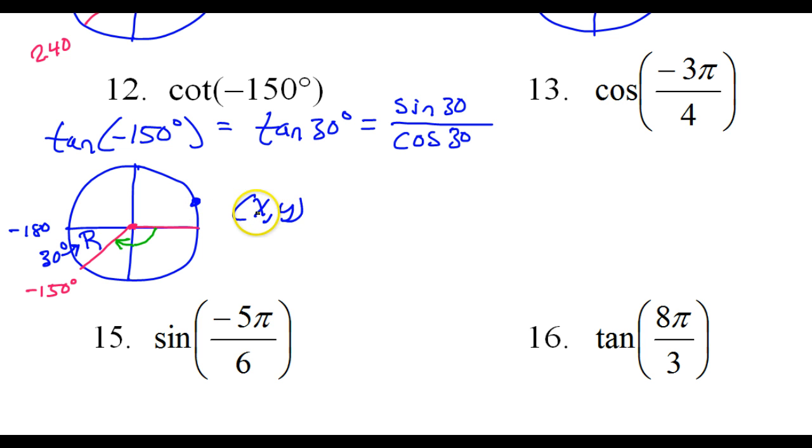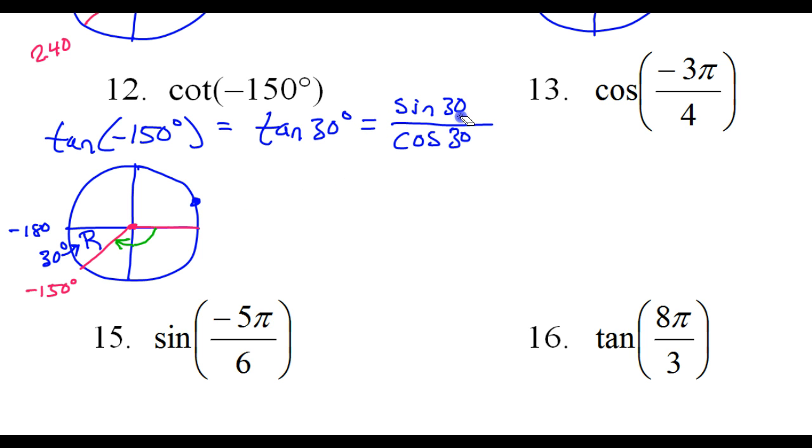So cosine is the x value, sine is the y value. So we just need to know what's positive, what's negative. In the third quadrant, the x value and the y value are both negative. That means sine and cosine are both negative here. But a negative divided by a negative is a positive. So that means the answer is going to stay positive. So we don't need to put a negative sign here. In fact, we can erase these little minus signs because they cancel out.